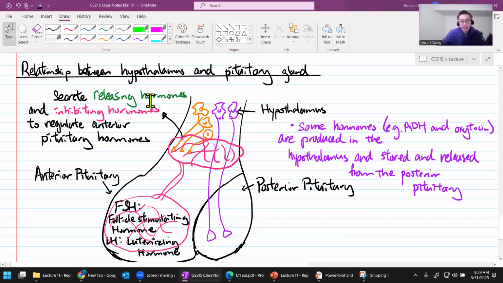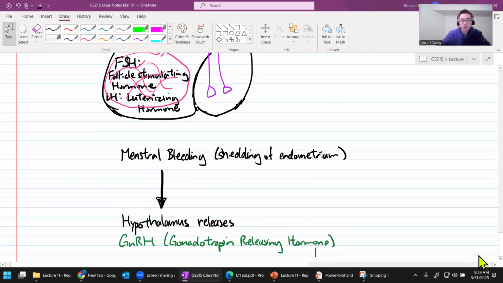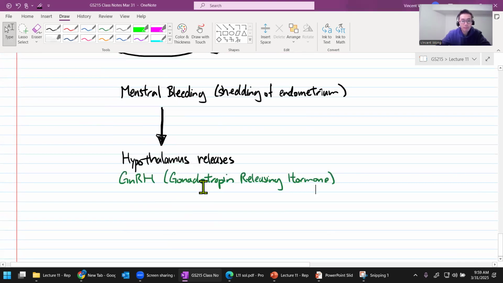And it's a green light. It gives permission to the anterior pituitary gland to release other hormones. And so this particular releasing hormone is gonadotropin. Gonado is talking about the gonads, in this case ovaries. Tropin means it's affecting it, attracted to it.